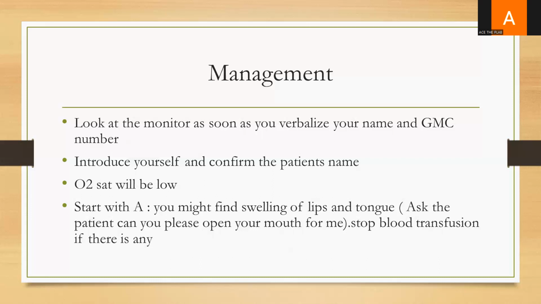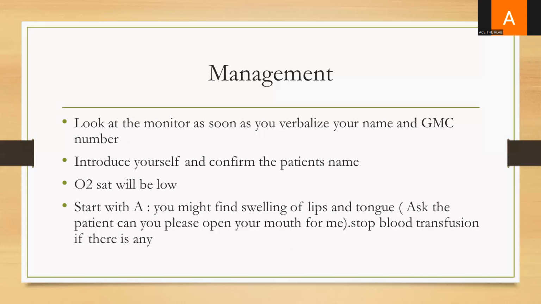After that, you will ask, "Has this ever happened to you before?" And then you will ask, "Do you have any medical conditions, any other allergies, and are you on any medications?" For the history of presenting complaint, you only ask about what happened: since when it started and how it started.